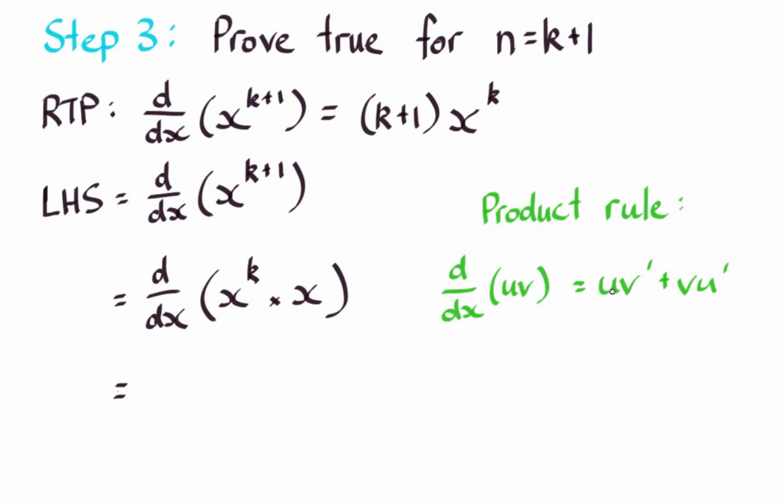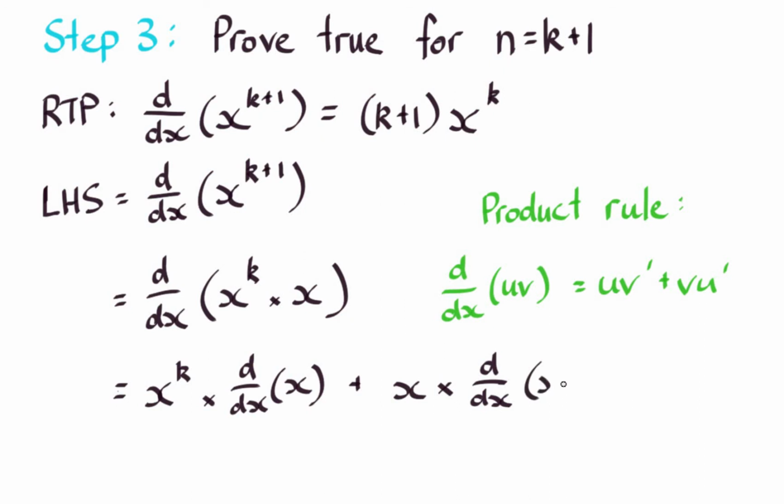We have our uv dash, or our first function, x to the k, times the derivative of our second function, our v, so in this case the derivative of x, plus, and then we switch it round. So we have our v, or our second function, x, times the derivative of the first one, the derivative of x to the k.